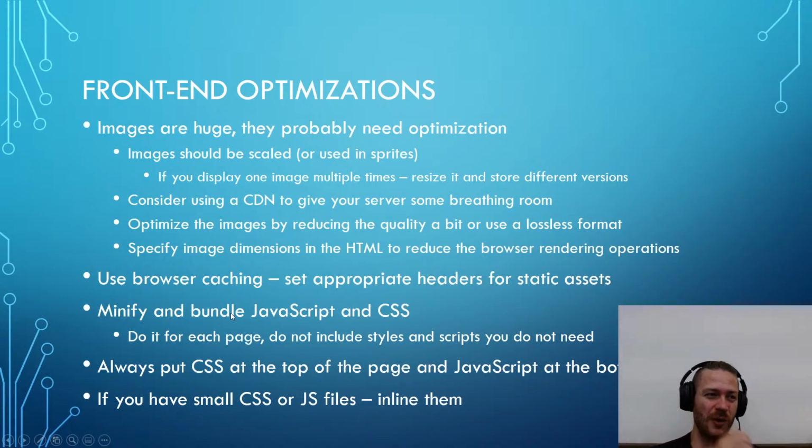Don't include scripts you don't need. We had a web page which loaded 3 megabytes of JavaScript for a single button, because that JavaScript was used on different pages. But this made our home page load for a super huge amount of time, 3 to 4 seconds, because the browser needed to fetch the JavaScript and then needed to execute the JavaScript.